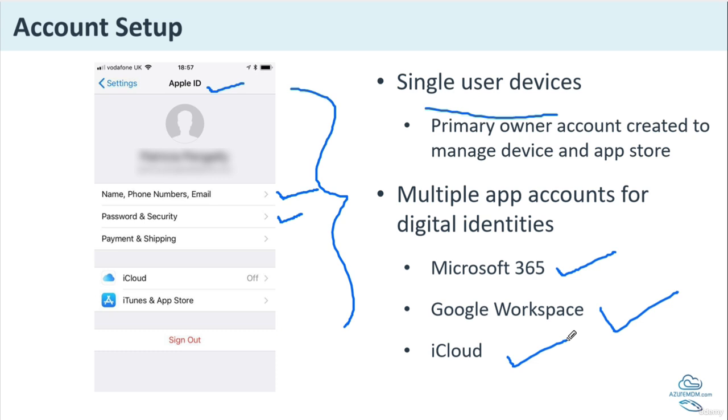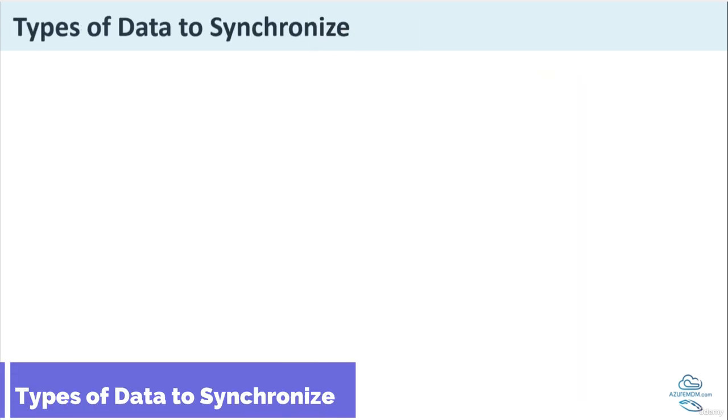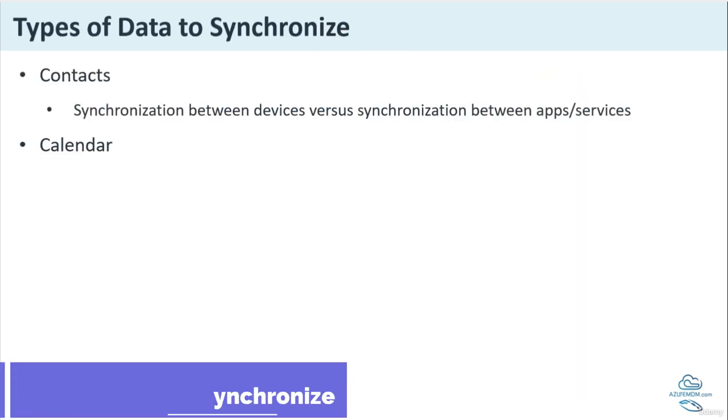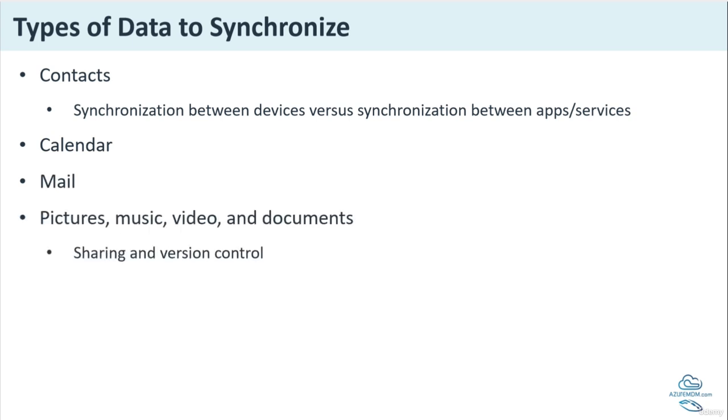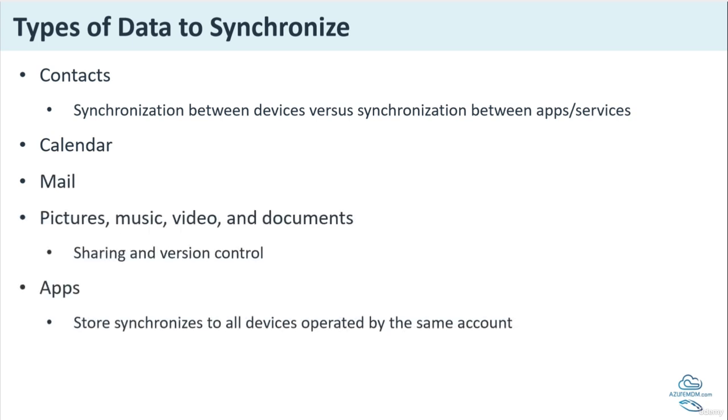Mainly, you have seen if you're using Microsoft 365, Google Workspace, and iCloud, it is mainly used for digital identities. Now, types of data to synchronize: contacts, calendar, mail, pictures, music, videos, documents, and applications.